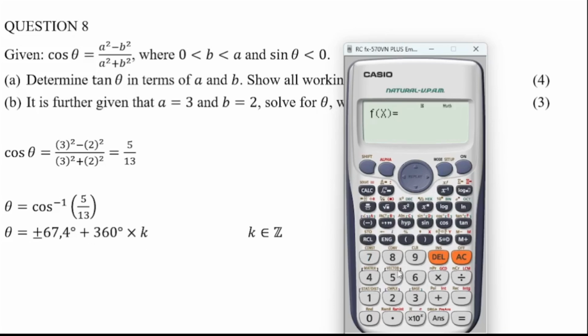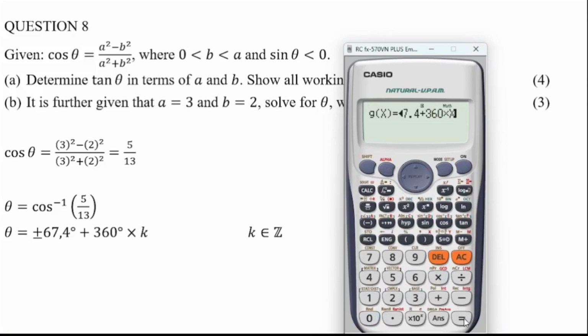Let's start with positive 67.4, so 67.4, then plus 360 degrees times k, so we say alpha x, then equals. Then we put the second function now, which is negative 67.4, then plus 360 times, and then for k you press alpha x, like that.